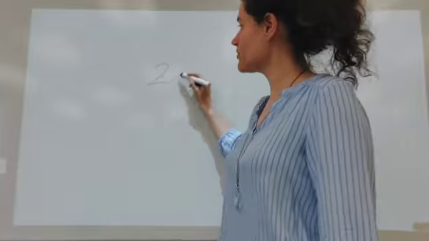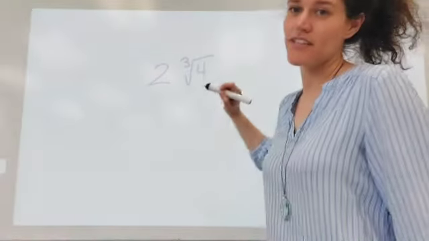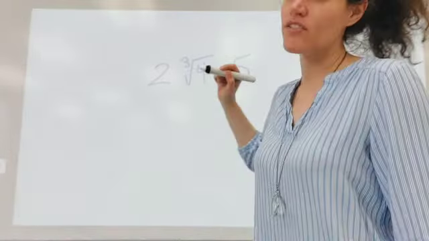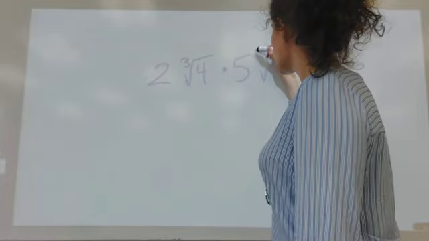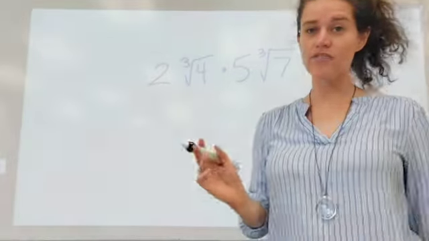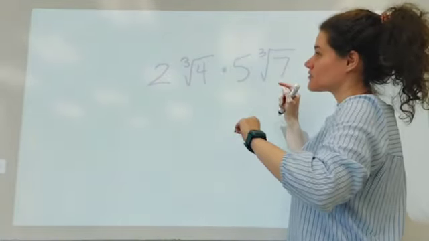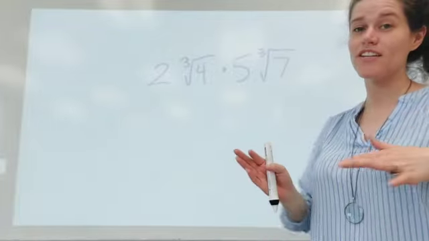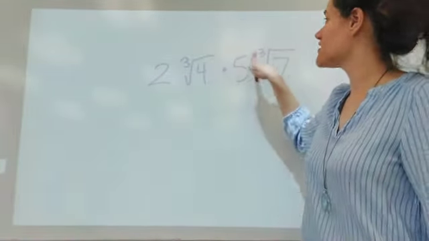Let's say we've got 2 cube root of 4 times 5 cube root of 7. Okay, so notice how, like we talked about with addition, the radicands don't match, but actually for multiplication, they don't need to. But the indices still do.